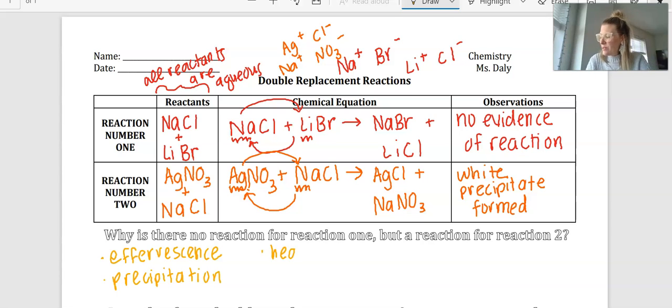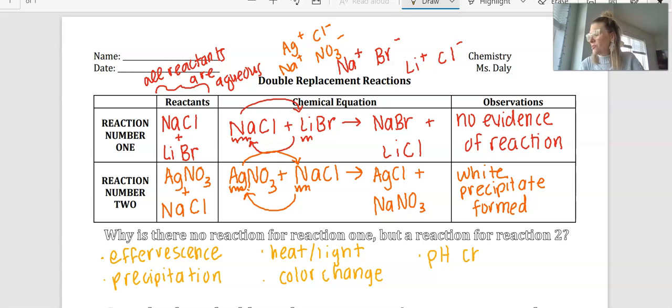We have heat or light that's produced. We have color change. And another one that we haven't quite talked about, and I don't really love introducing it this early in the year because we haven't talked about acids and bases yet, but pH change is also considered evidence of chemical change.